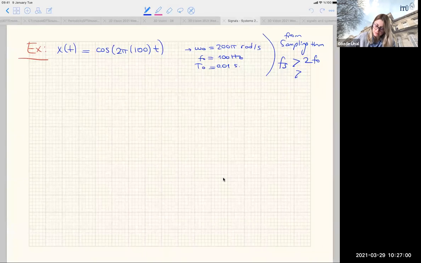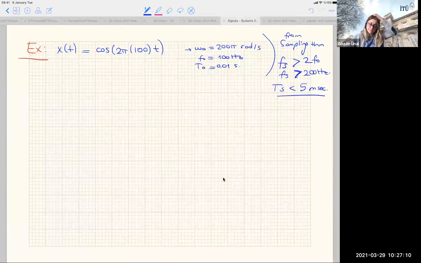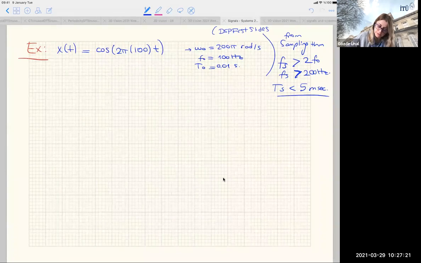Then Ts should be less than 5 milliseconds. I can note this is from the DSP First slides, slides 09, for an example from there.